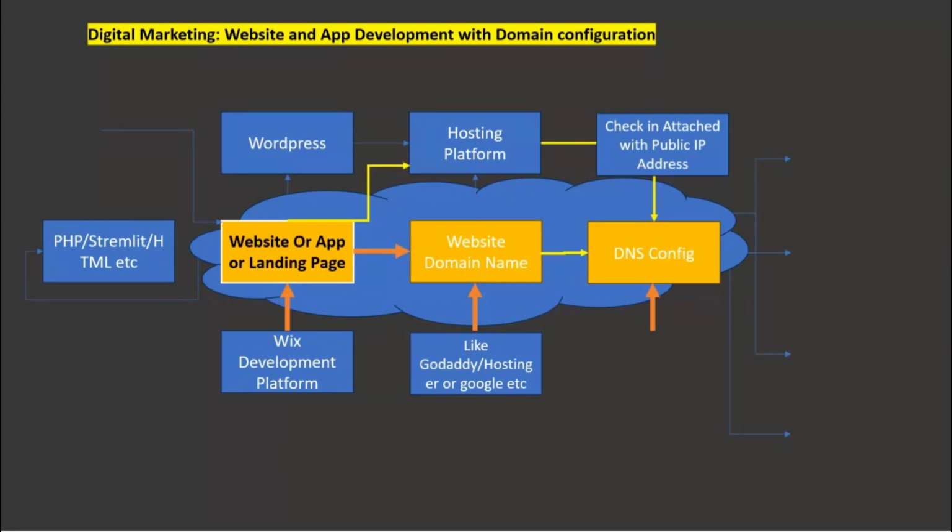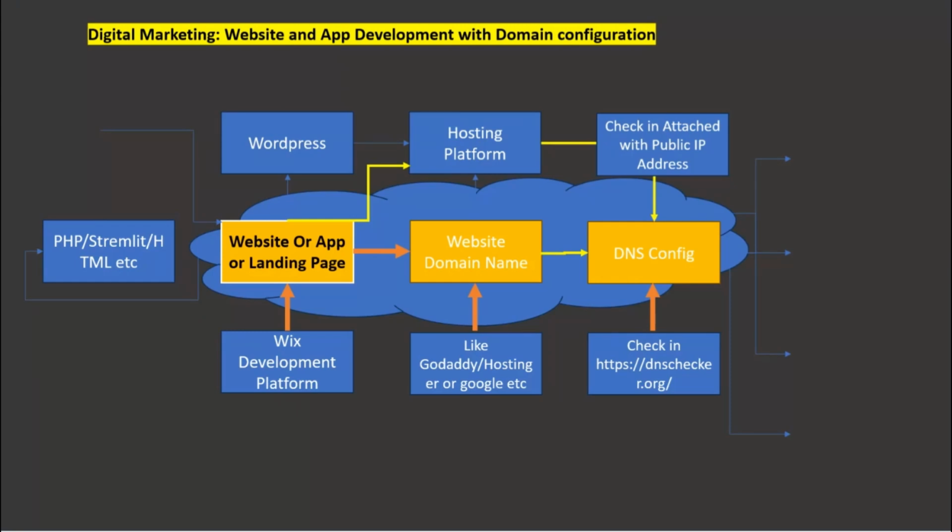And once it is connected and hosted, I need to check whether my DNS, meaning domain name system, and this domain name and my website, my IP address, is populated across the universe or not, or only in India, because we have big servers across the universe.